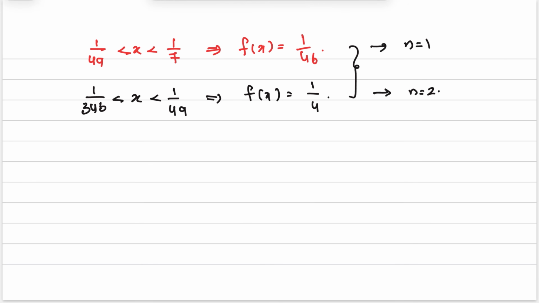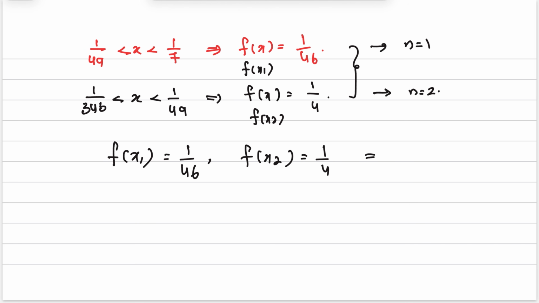Even though they are constant functions, let me say it is function x1, it is function x2. Function x1 is equal to 1 by 46, function x2 is equal to 1 by 4, which implies function x1 is not equal to function x2.